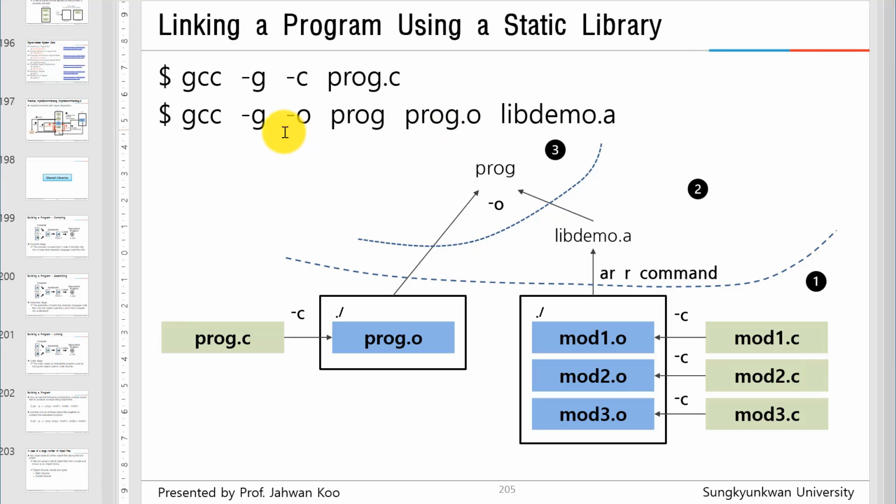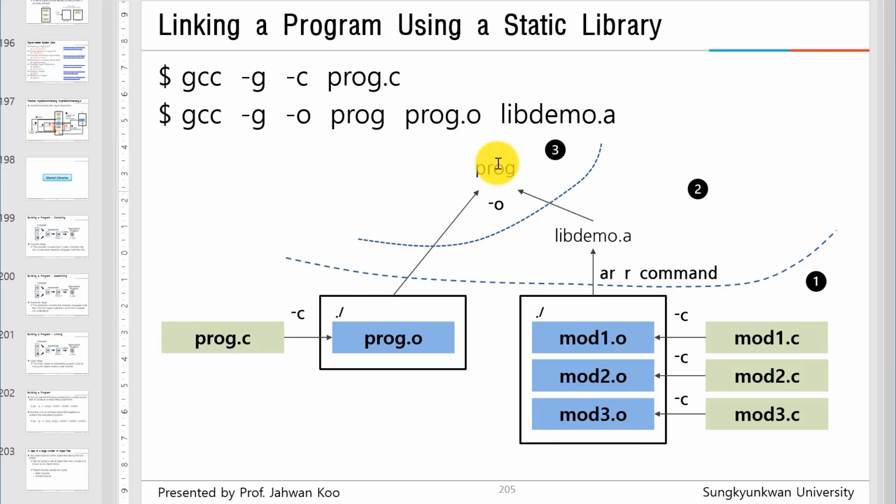Okay, -g means debugging information. -o means linking an executable program named prog. So prog.o and libdemo.a will be combined into the executable program named prog.